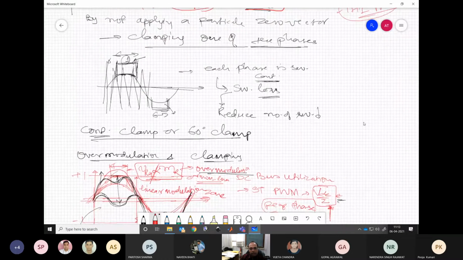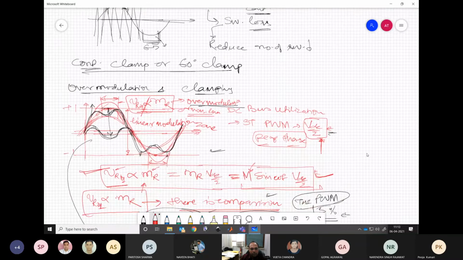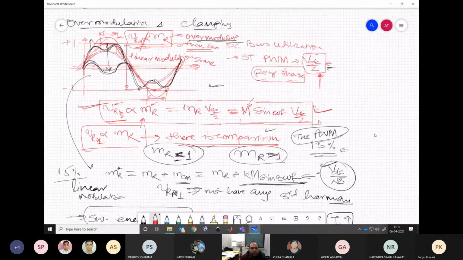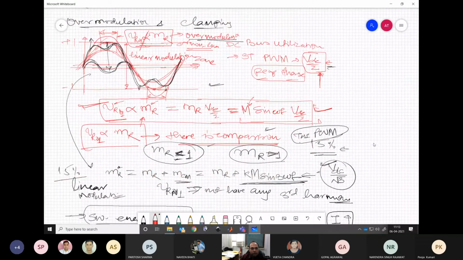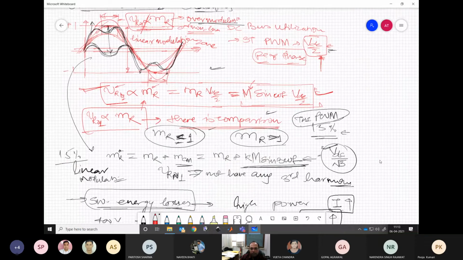And then we clarified some doubts regarding overmodulation and bus clamping PWM. We saw that these two are essentially different, because in overmodulation, when the phase is not switching, it is not because we have tried to make the phase like that, but because our DC bus voltage is not sufficient.